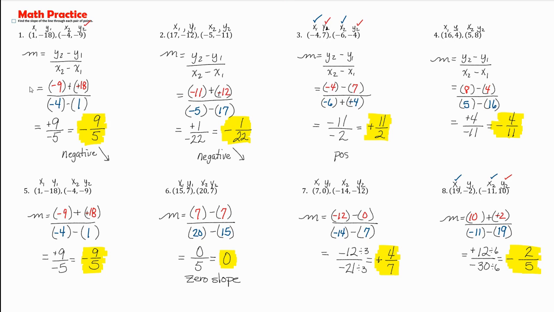So we're going to end up with a positive slope, and it's going to be going in an upward direction. Looks like we have another negative slope, and we're going to be going in a downward direction. Down here at the bottom, we will have another negative slope, and it's going to go in a downward direction.